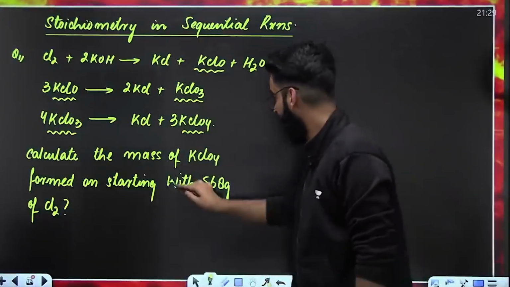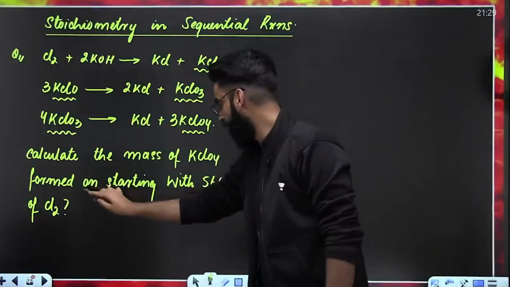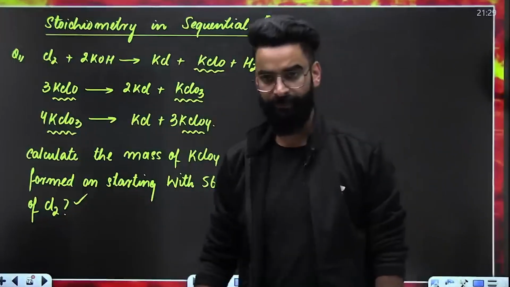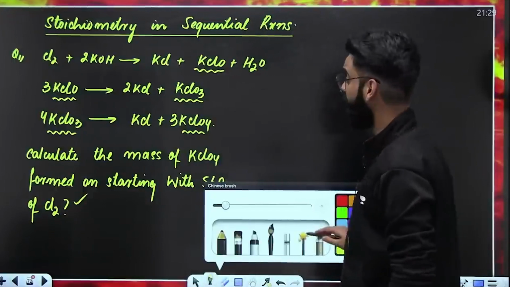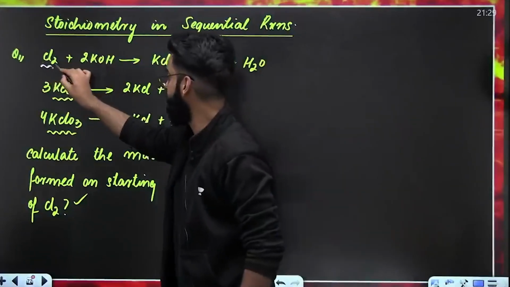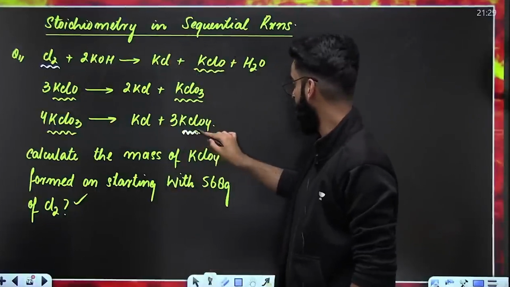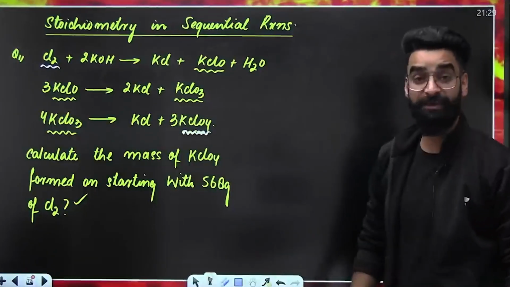What do we need to calculate? Calculate the mass of KClO4 formed on starting with 568 grams of Cl2. Which method are we using? We are using the mole method.